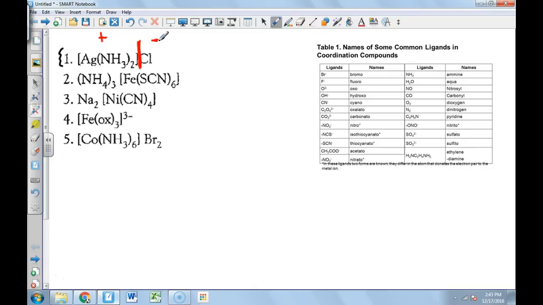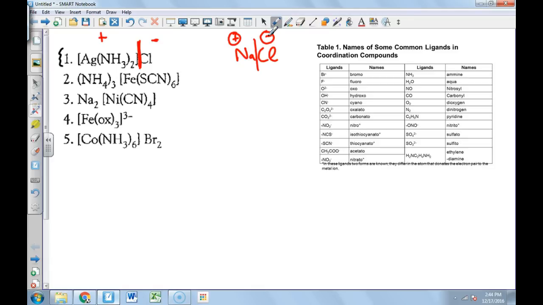I get it, it's not as easy as just naming NaCl sodium chloride, but there are some similarities. We want to name the positive side of the compound first, and then we name the negative side.